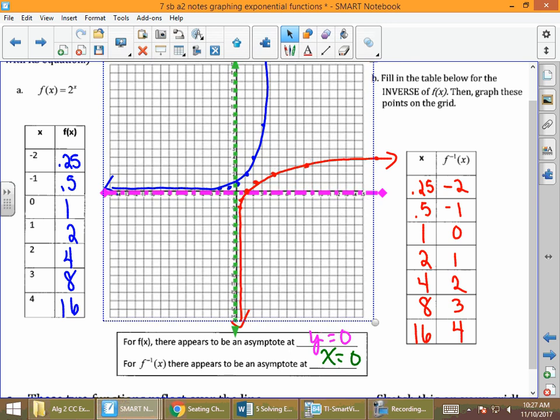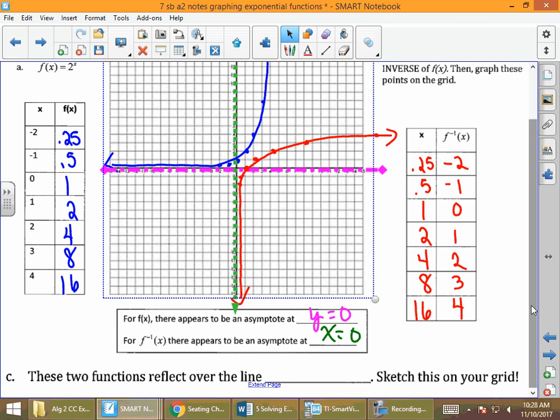Again, we switched the x's and y's to graph the function, which means for our asymptotes, we're going to switch as well. We had y in that purplish color, now we have x. An asymptote is a line that the graph approaches but never quite touches. There's two functions.